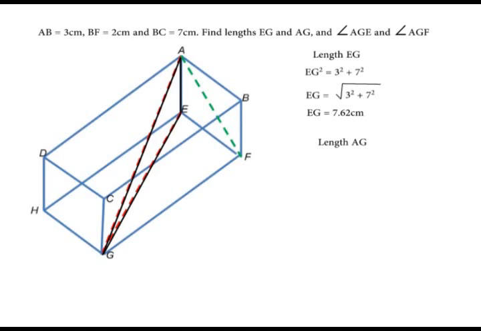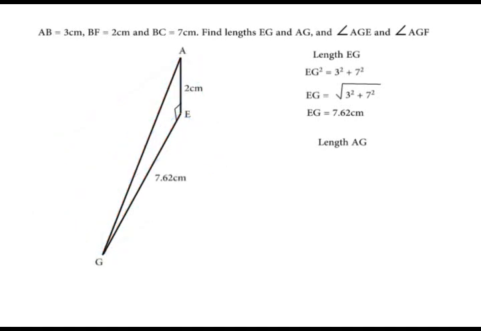Therefore, triangle AEG is right angled at E. If you remove the rest of the figure, you will clearly see the triangle. And so AG is the hypotenuse. Using Pythagoras theorem, AG squared is equal to 7.62 squared plus 2 squared, and AG is equal to 7.87 centimeters.